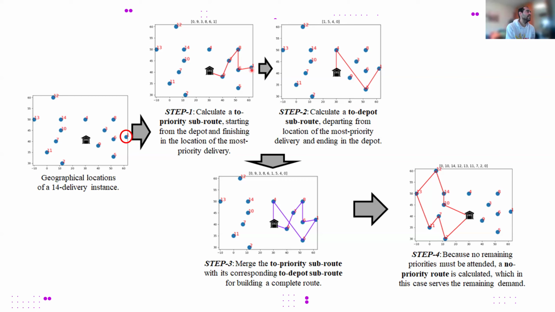Then we need to go back to the pod, so we calculate a to-the-pod subroute to go back to the warehouse, also visiting more clients. When we have built these two subroutes, we build the complete route. For the rest of the clients, because there are no more top priority clients, we solve a regular, no-priority route in which we visit all the clients, minimizing the distance of the route.